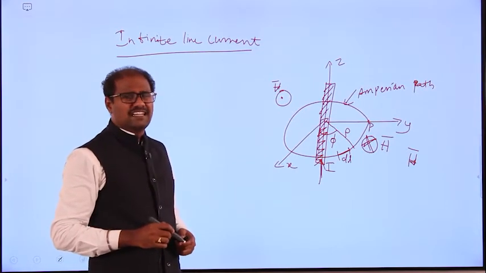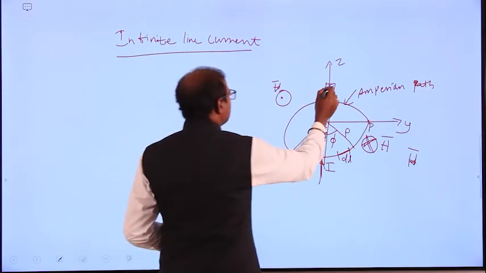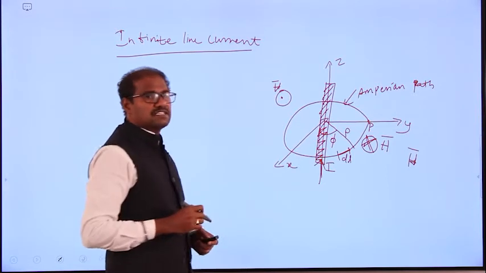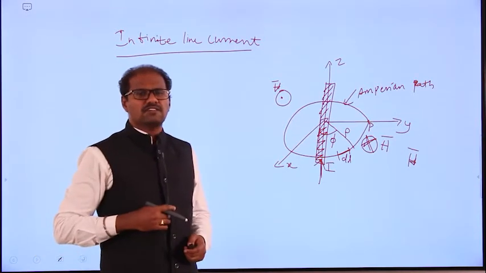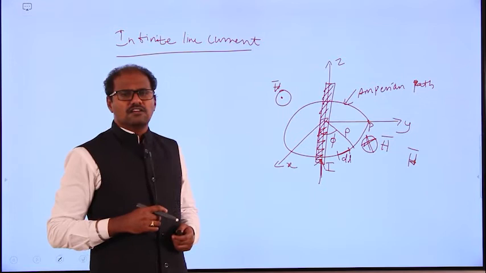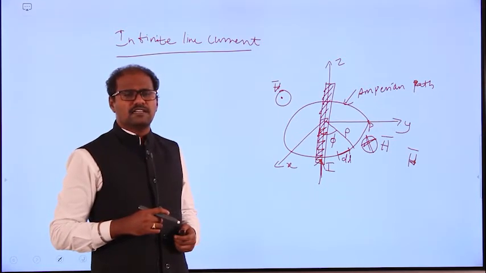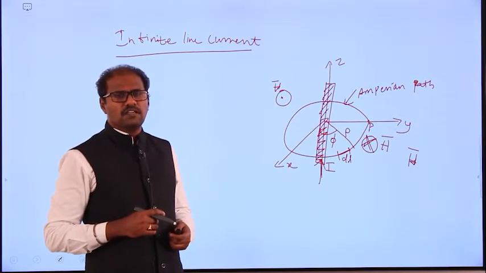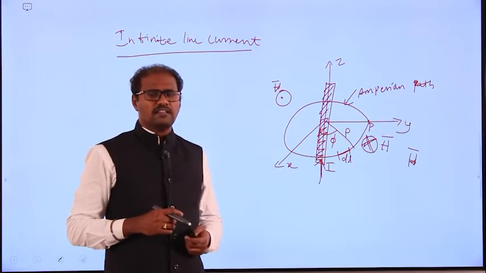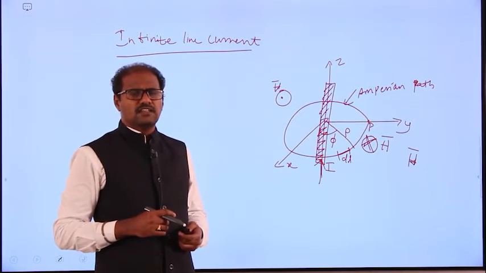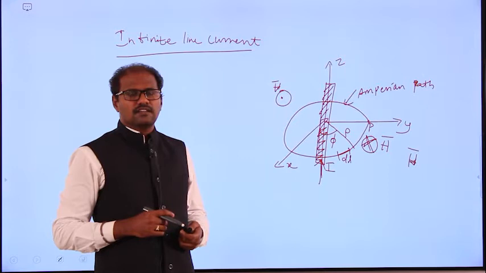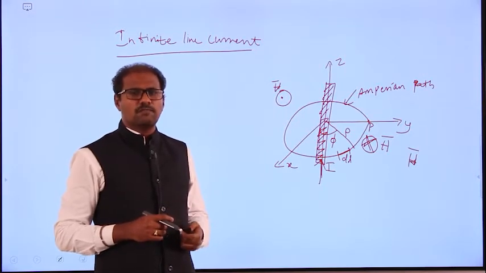I am going to take an infinite filamentary conductor. In the previous lecture on the Biot-Savart law, we discussed the filamentary conductor. For the semi-infinite filamentary conductor and the infinite filamentary conductor, we derived the magnetic field intensity H with the help of the Biot-Savart law.